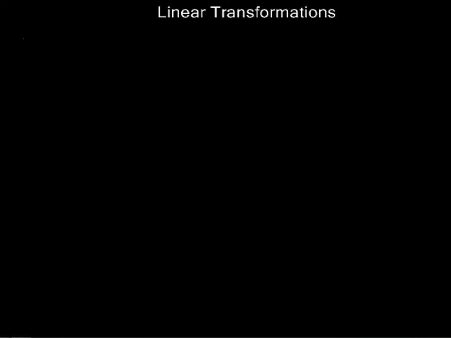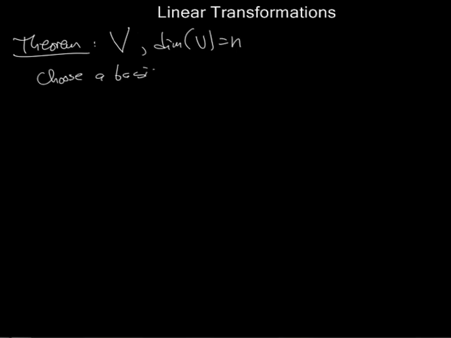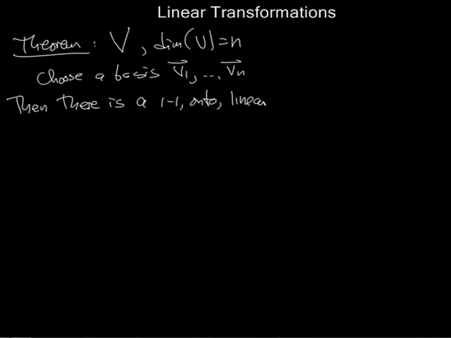Okay, this is sufficiently important that I want to say it as a theorem. Suppose V is a vector space and its dimension is n. Let's choose a basis V1 through Vn of this vector space. Then there is a one-to-one onto linear map, or linear transformation, T mapping V to Rn. And it's determined by saying that Vi goes to Ei.